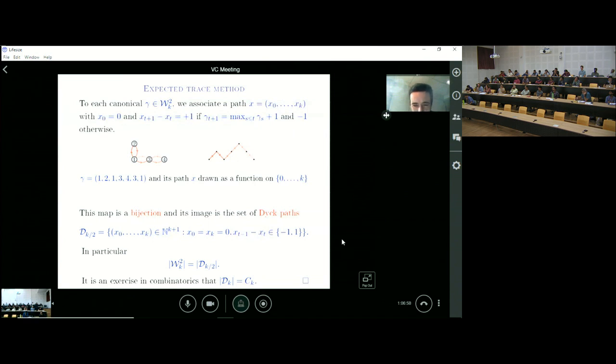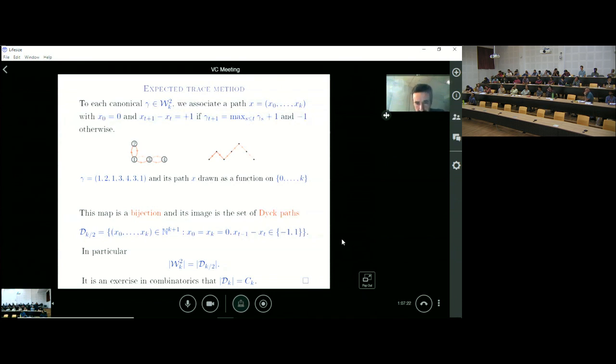I will not prove that the number of Dyck paths is counted by the Catalan number. I will give you a reference, but it's a very nice exercise, and I encourage you strongly to do it. There are many proofs.